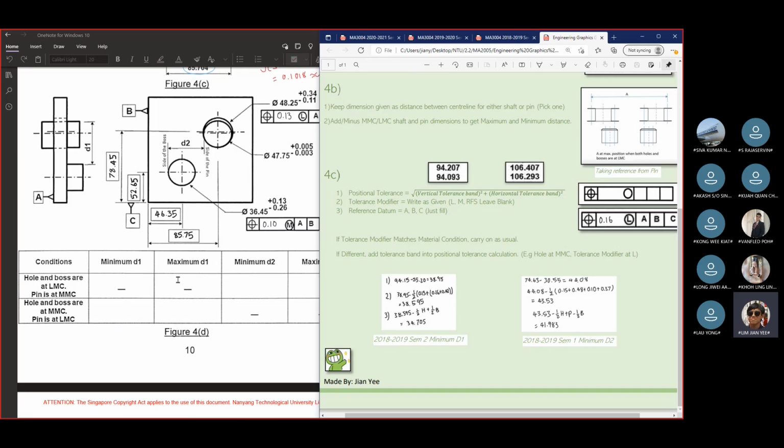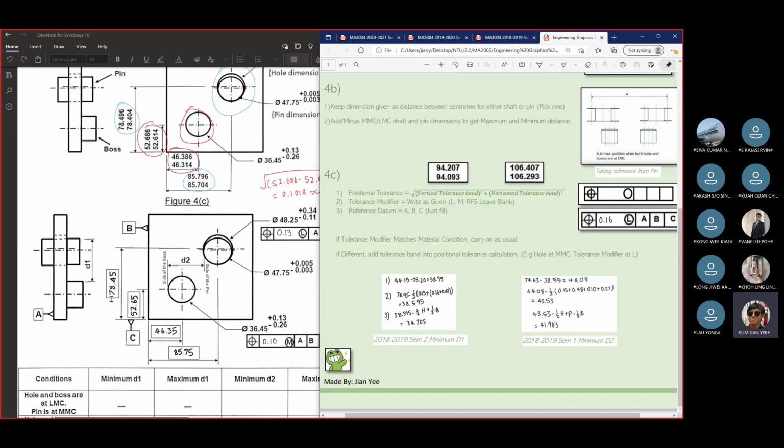So what is D1? D1 is the top of the pin to the top of the boss. To make D1 smaller, you want this to be at its bigger size, 36.45, so it goes up a bit.